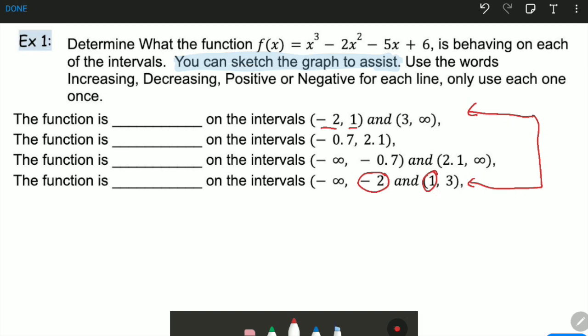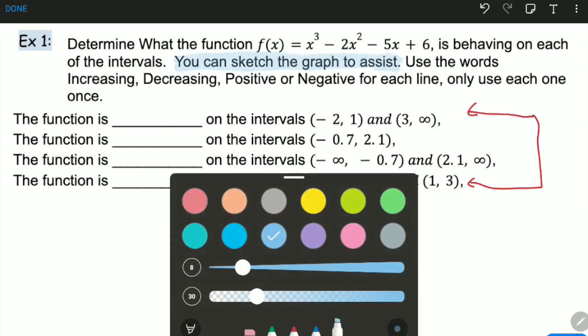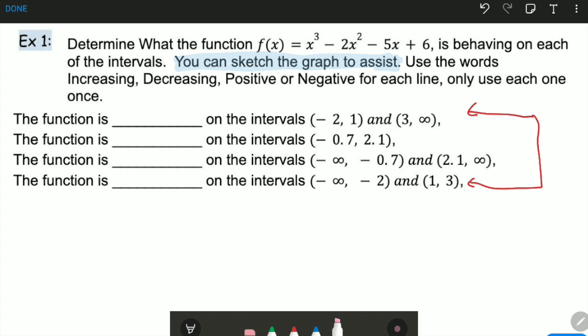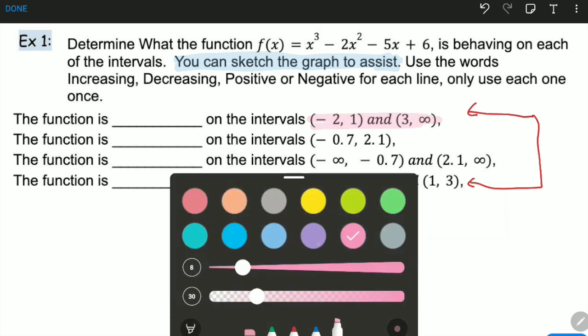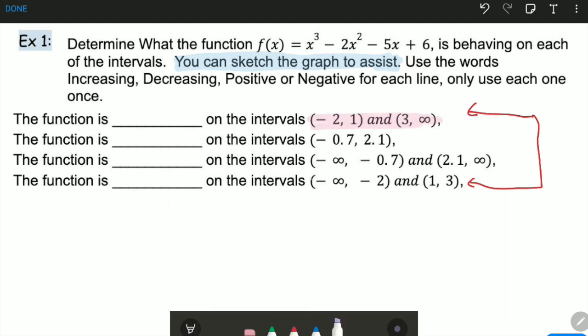If one of them is increasing, then the other one is decreasing. So what I'm going to do with that piece of information is write it down below, in a way that you can see the order of the intervals. So here are the two intervals that I'm going to focus on. That one, and I'll do purple for the other one.